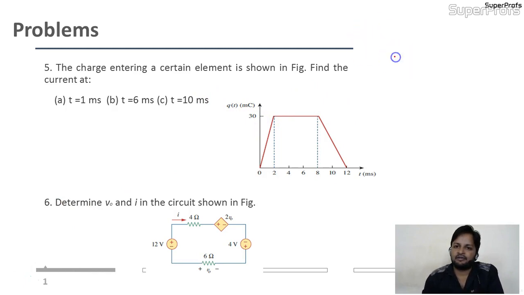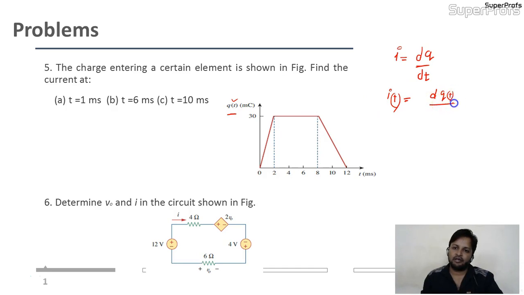As we know, current i is nothing but dq by dt. Rate of change of charge is nothing but current. So we are having q, so can we find out the value of i, current? This is a time dependent quantity, so my current will also be i(t) equal to dq(t) by dt.